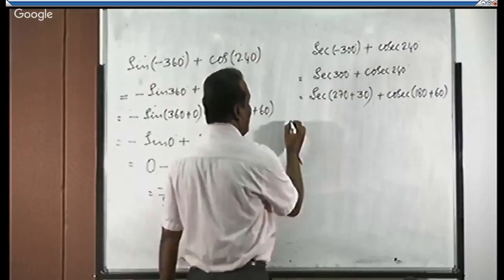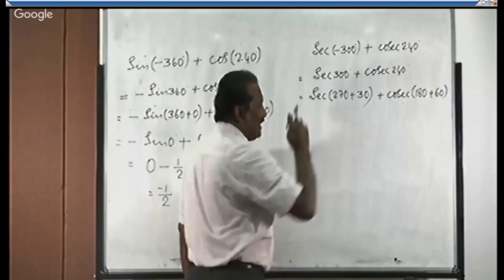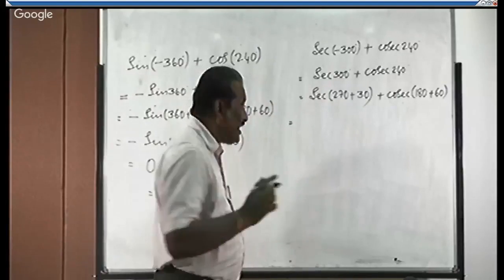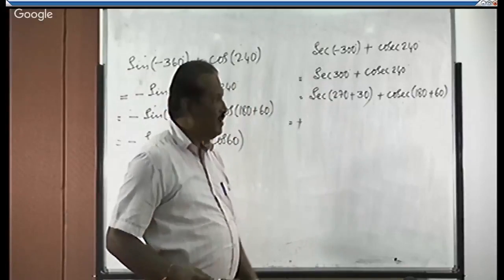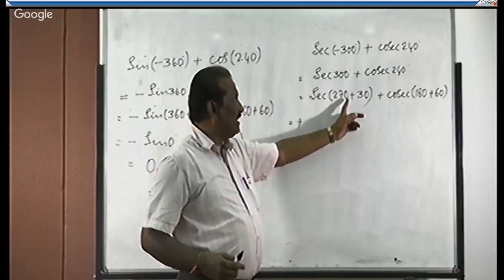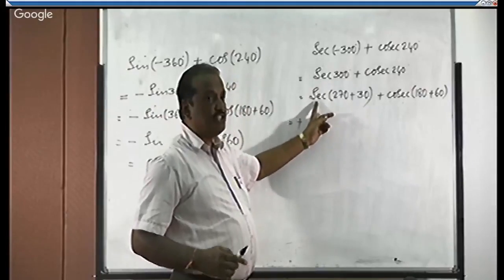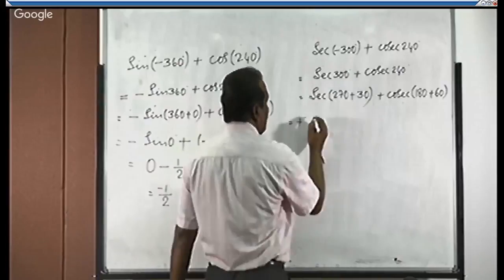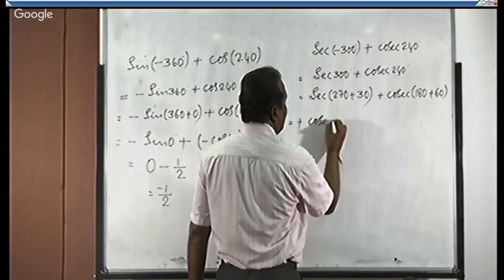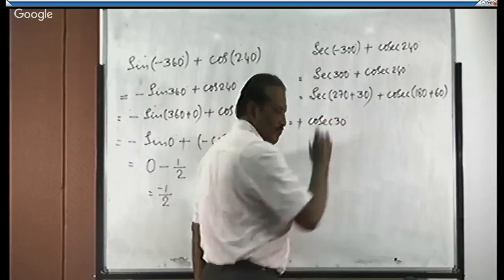It is also equally valid. 270 plus theta coming under fourth quadrant where secant is positive according to ASTC rule. For 270 plus theta, any trigonometric function results in its cofunction on the right hand side. Cosecant theta, that is correct.